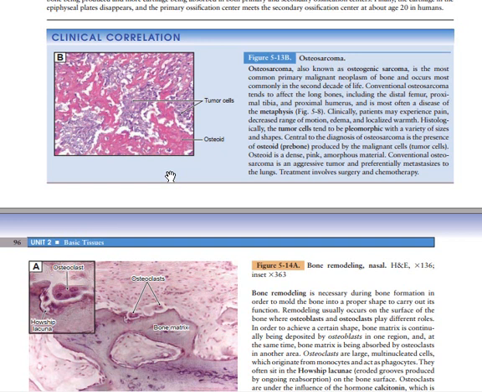How do you visualize it? It may be osteocytoma, when it is due to excessive proliferation of the osteocytes. It may be osteoblastoma, when it is due to excessive proliferation of the osteoblasts. It may be osteoclastoma, when it is due to excessive proliferation of the osteoclasts, and all that.